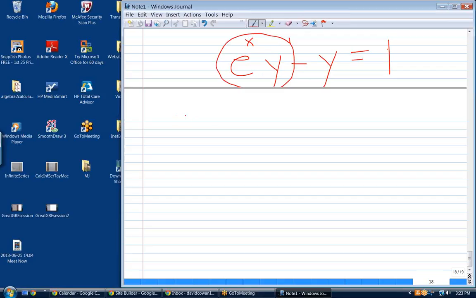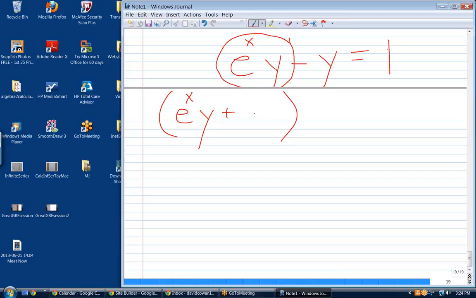So what does that give me? Let's see. The derivative of e to the x is e to the x, isn't it? Uh-huh. So there's the first term of the product rule. Let me put parentheses around this. And I don't need a dy dx because I didn't differentiate the y term yet. Right. Okay.